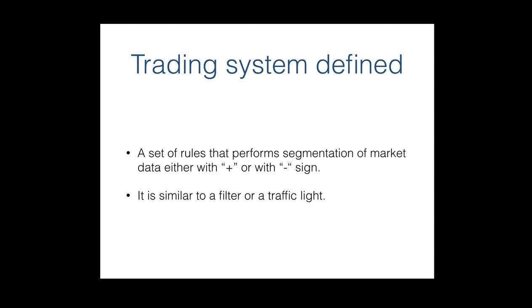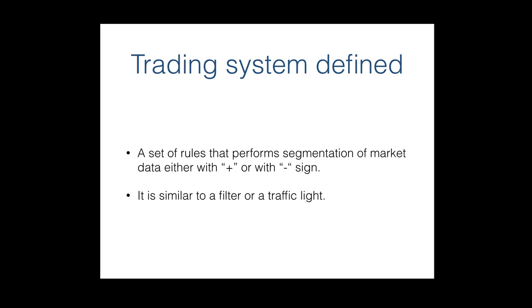In order to understand the purpose of backtesting, we need first to go over the definition of a trading system. There are as many definitions of trading systems as trading systems themselves, but in case we discuss directional trading, we can consider a trading system as a traffic light. In case the market goes up, it just passes market data through without changes.